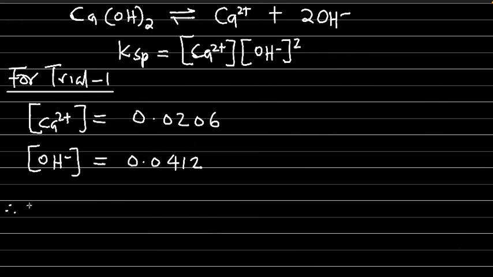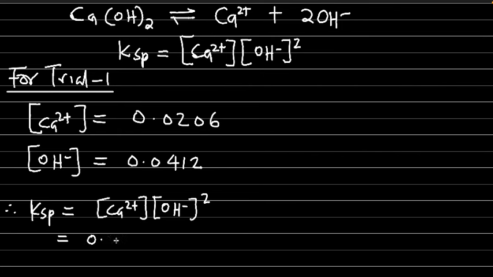All right, so therefore my Ksp will now be equal to, anywhere I see calcium ion, I'll put 0.0206, times hydroxide ion, which is 0.0412 all squared.